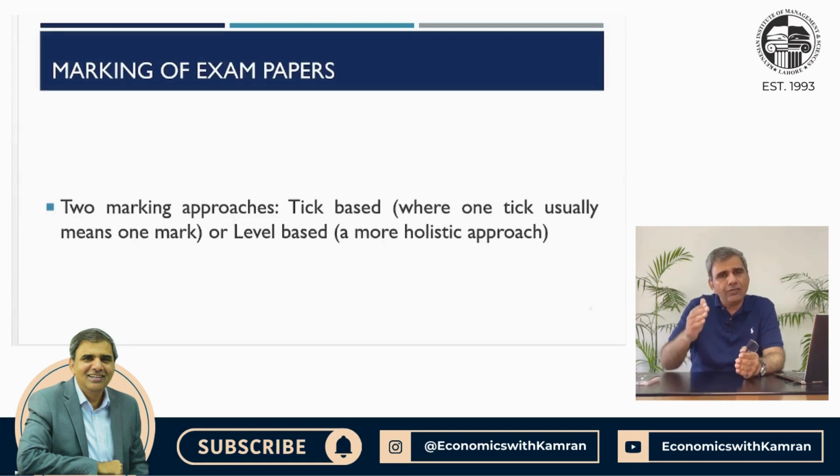After deciding that you are awarded level 4, the examiner will decide whether this is bottom level 4, in which case you will be given 8 marks, middle level 4, you will be awarded 9 marks, and top level 4, you will be awarded 10 marks. So to score top marks in level 4, the top level, you must provide correct definitions, correct analysis, correct evaluation, a good conclusion, stuff like that.